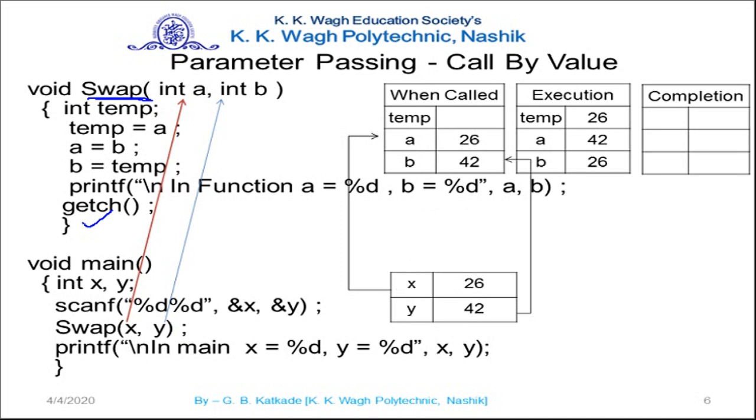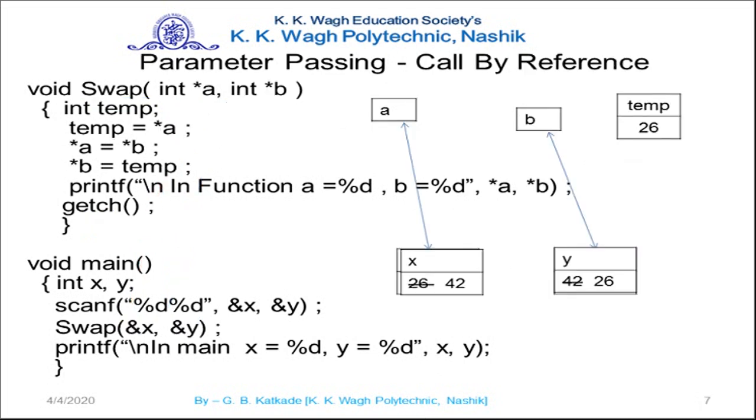Now let us see what happens in case of call by reference. For call by reference, it is important that we know the basics of pointers in C. Without pointers it will be difficult to understand call by reference used in function parameters.